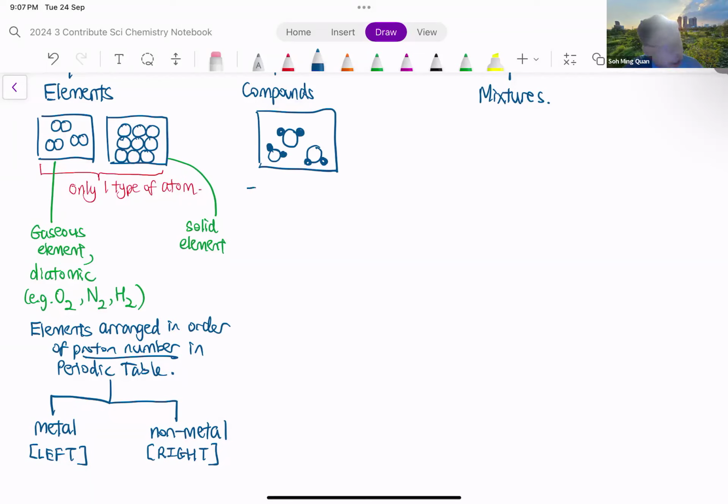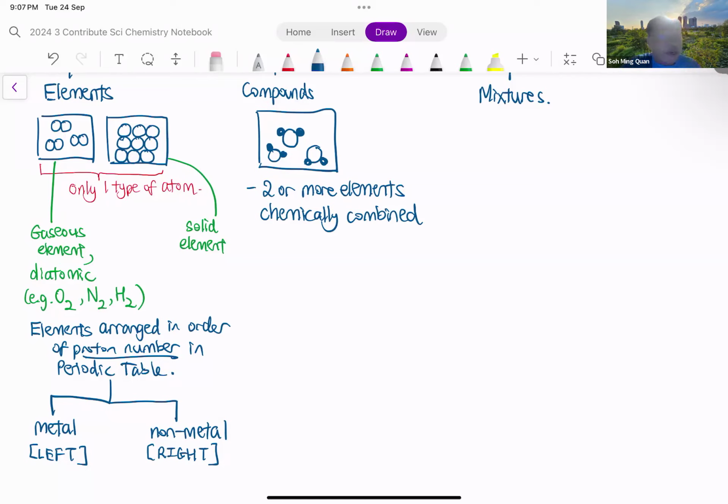This tells you it contains two or more elements. And the elements, you can see they are joined together in the diagram. When we join the different elements together, we are saying that it's chemically combined. So by joining them in the diagram, it means that there's some chemical bond between them.